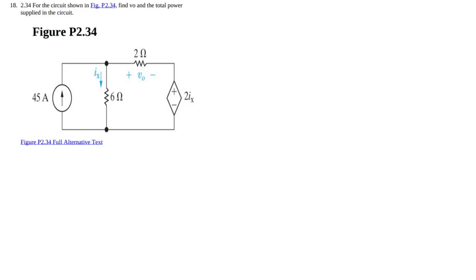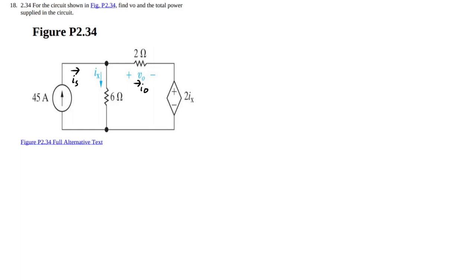So anyway, we can do KCL here to find out what the voltage drop across this resistor is. So let's say that this is like IS or I supply or whatever. And then we have IX and we have I0.